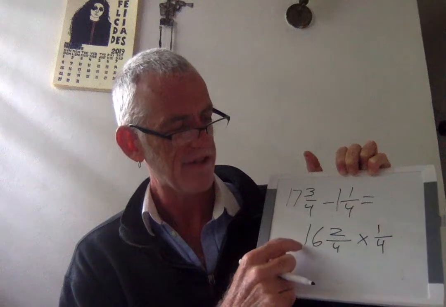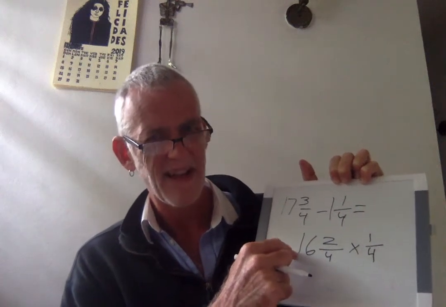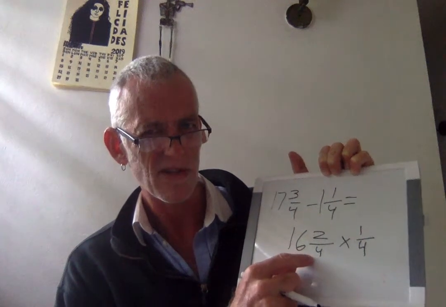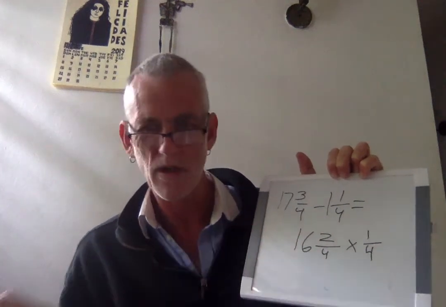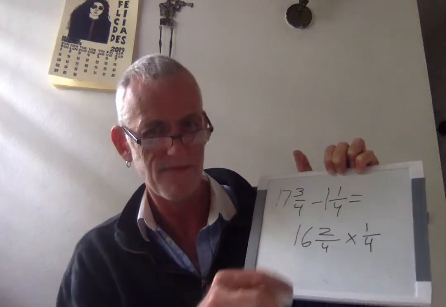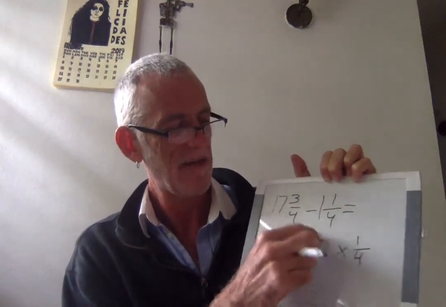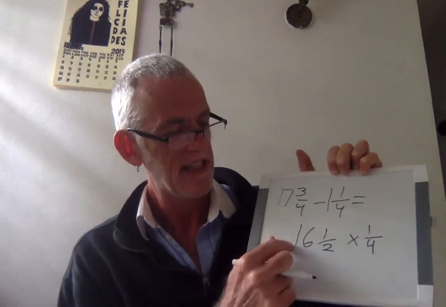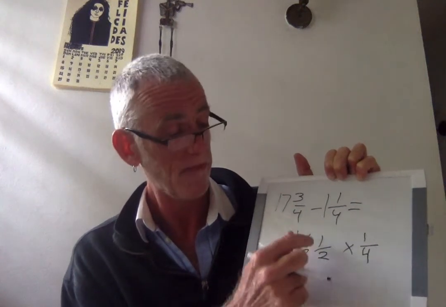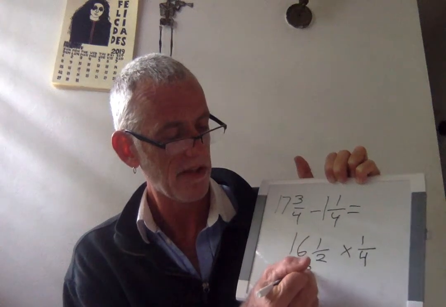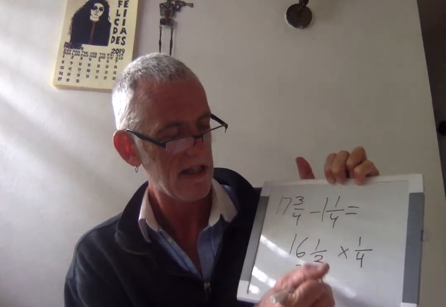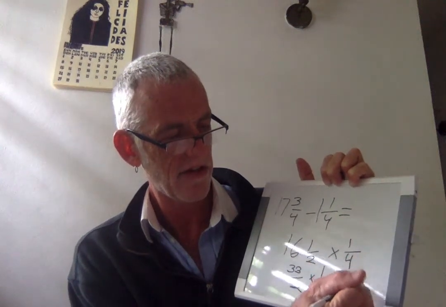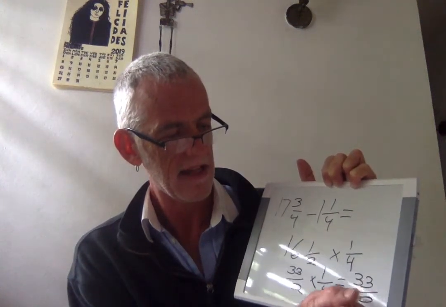So we have to simplify it, right? I wasn't going to simplify that 2/4, but I'm going to. 2/4 simplifies into what? A half. That way we can do a little less multiplying. 16 times 2 is 32, add 1, 33 over 2 times 1/4 equals 33 eighths.